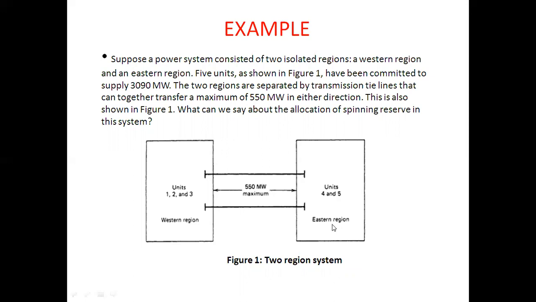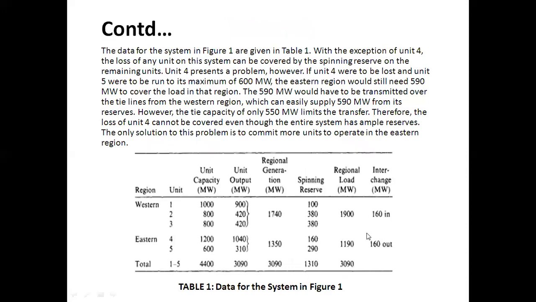So the eastern region can transfer 160 megawatt through the tie line to the western region. That is the concept of spinning reserve. The spinning reserve is sufficient to transfer through the tie line to meet the load demand of the western region. So it is clear that the interchange is 160 in to the western region, and 160 out from the eastern region.